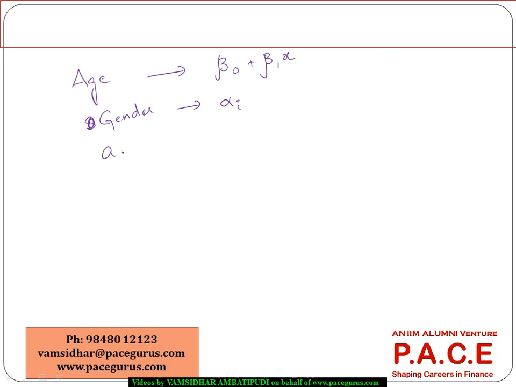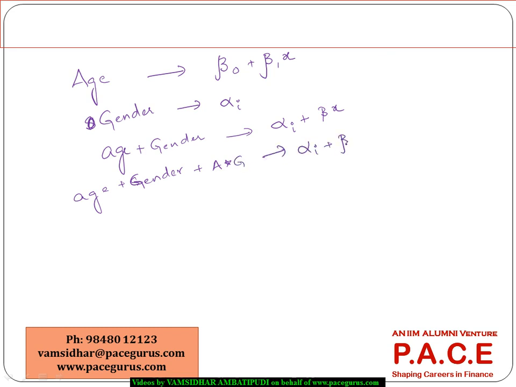If both age plus gender are my dependent variables, then I'll look at it as alpha i plus beta x. If I'm saying age plus gender plus the interaction between age and gender, this is where I can look at alpha i plus beta j times x.